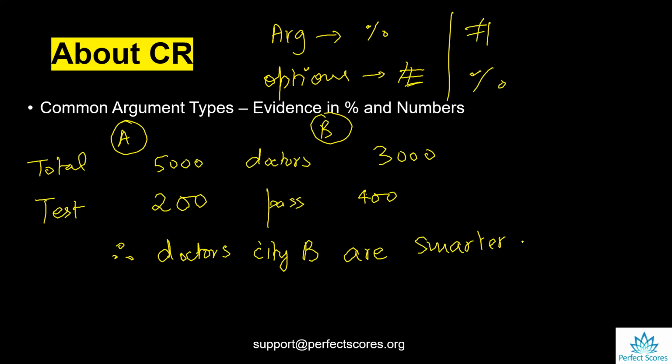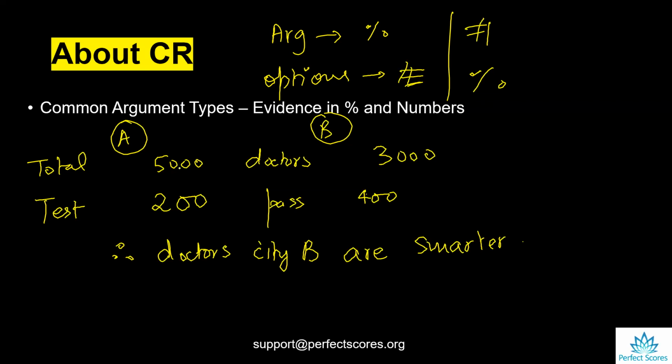What do you think is the assumption in this case? Or what do you think is wrong? Or can you even compare doctors being smart? No, because you don't know the percentage of doctors who passed the test, who even took the test.